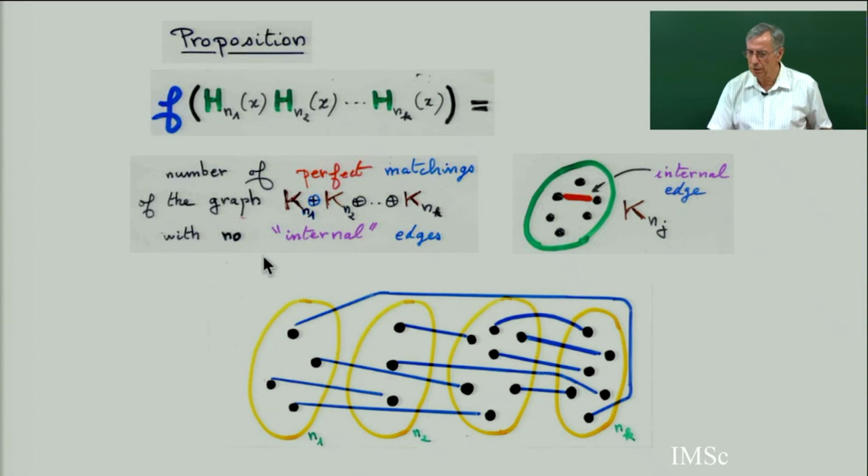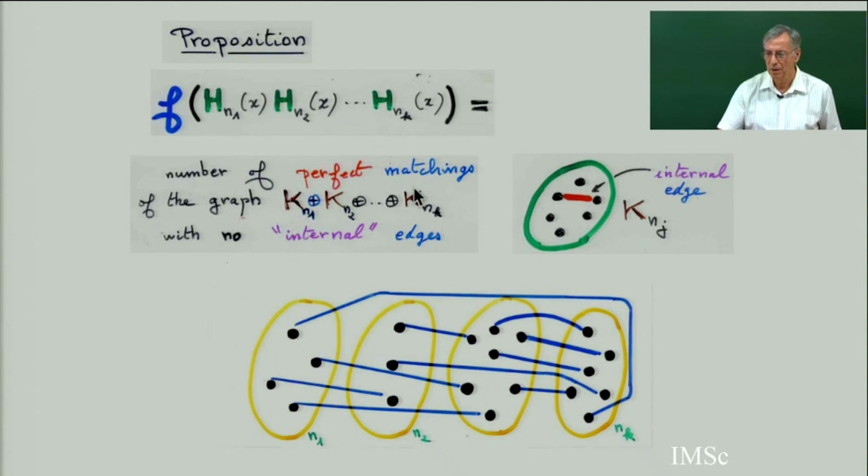And then the condition is there are no internal edges. The condition: the number of perfect matchings of this graph with no internal edges. This is an internal edge, you see. Here there are no internal edges.